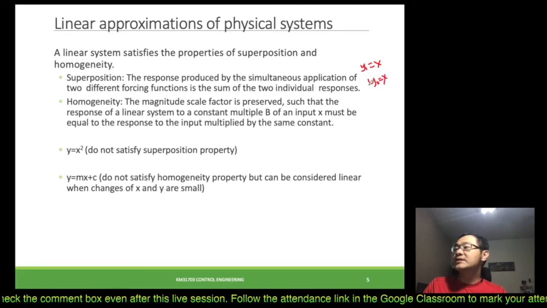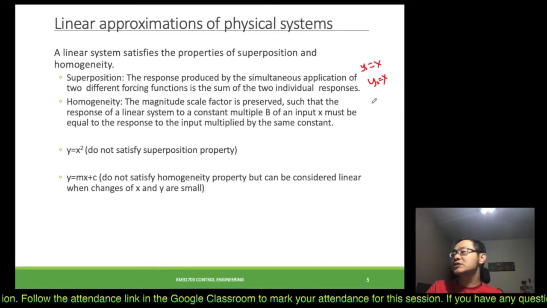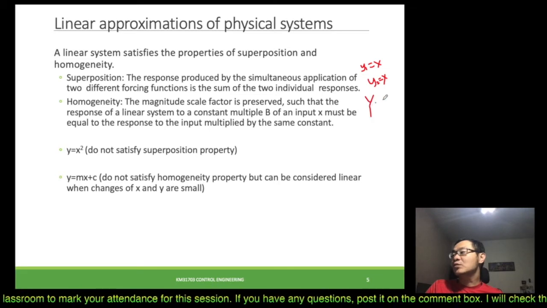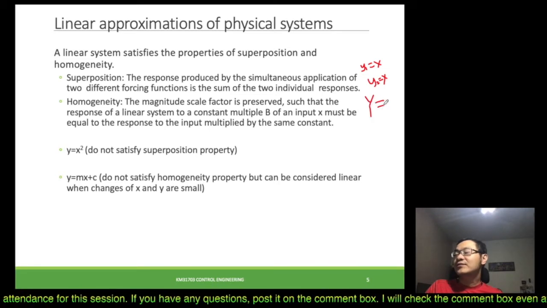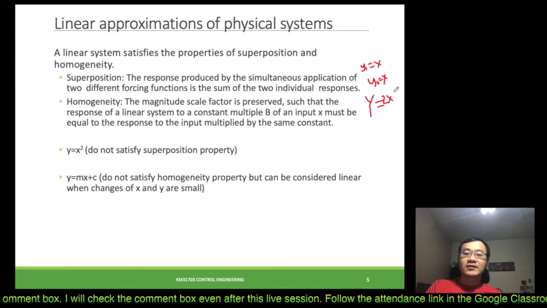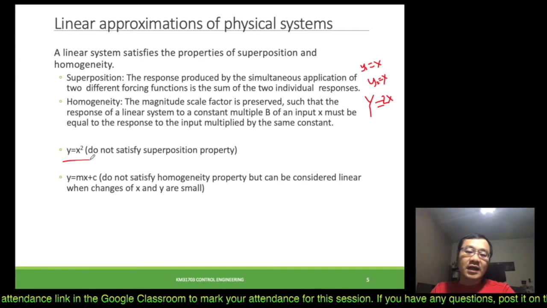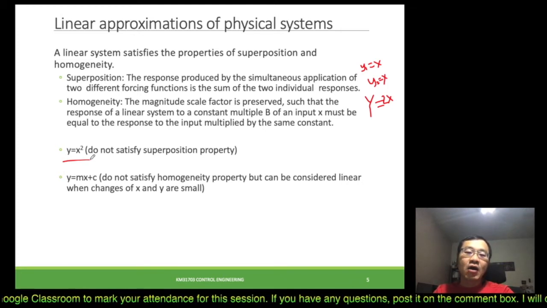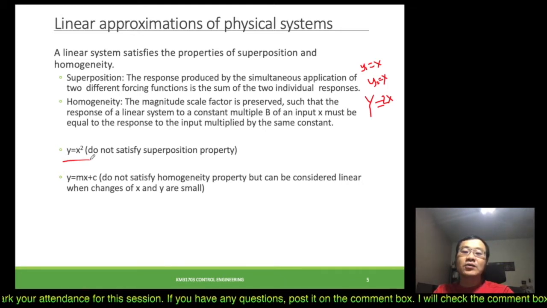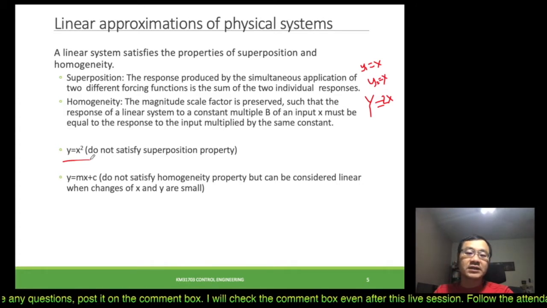When we combine or superimpose these two responses, you would get an additional y equal to the summation of these two responses. However, as you can see, equations with order higher than 1 would not satisfy this superposition property.